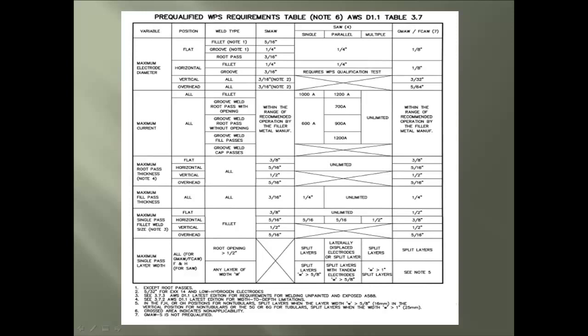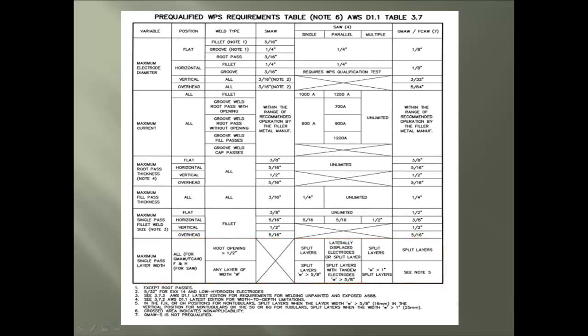And the horizontal columns are maximum electrode diameter, maximum current, maximum root pass thickness, maximum fill pass thickness, maximum single pass fillet weld size, and lastly, maximum single pass layer width.